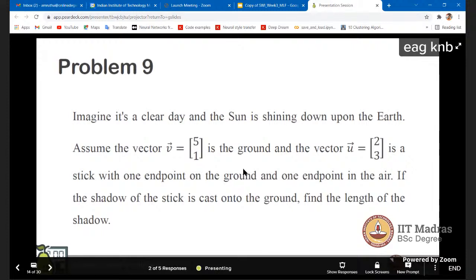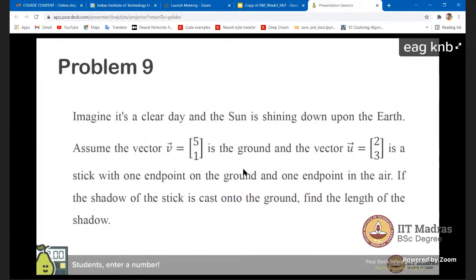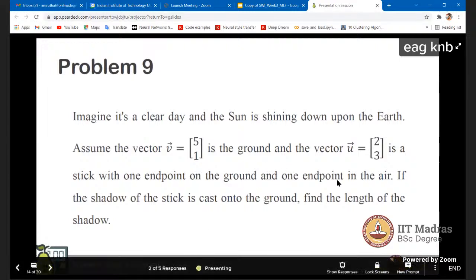Any more responses? Anybody wants to work it out? Okay, let's go on to see the answer.